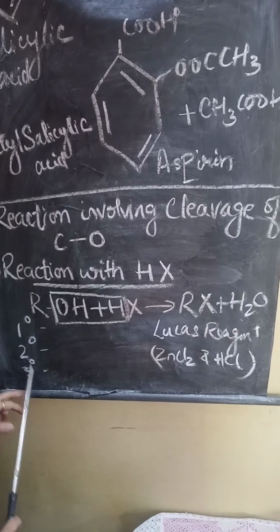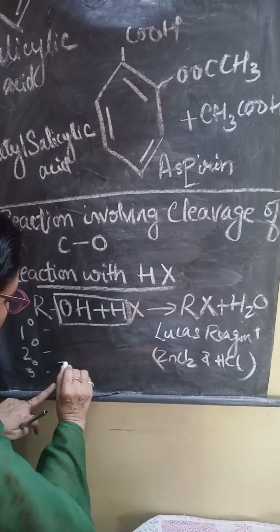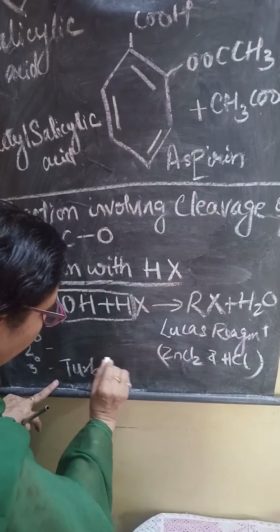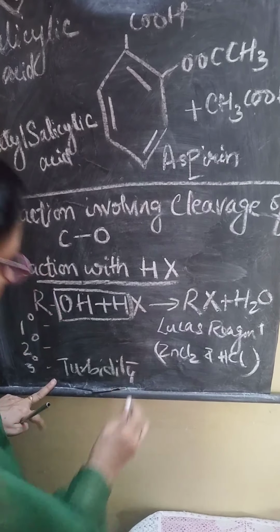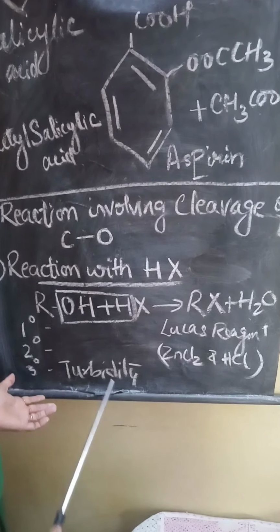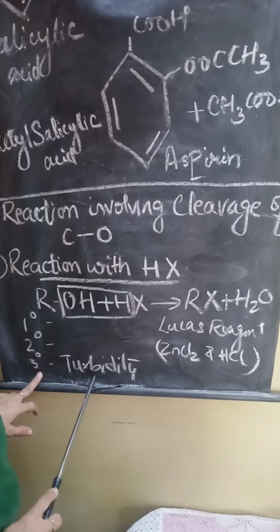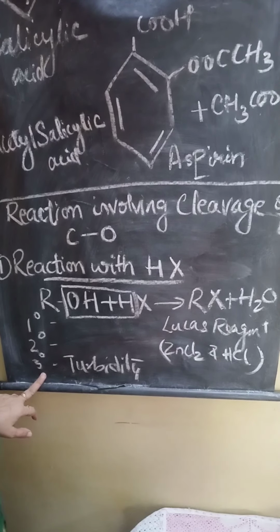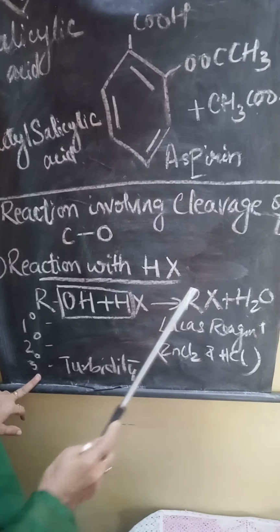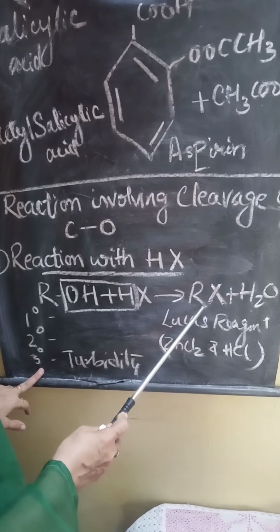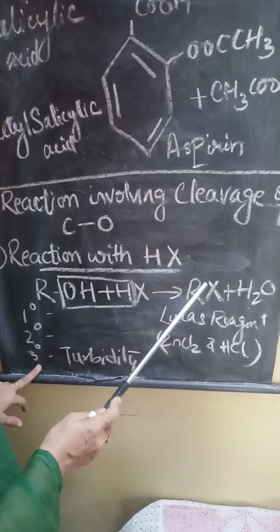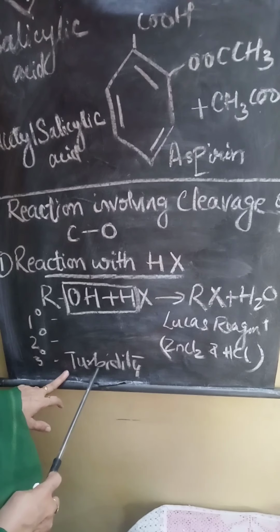When we take tertiary alcohol, you will find the turbidity. Turbidity means a dirty or milky appearance comes. Tertiary alcohol combines with acid forming tertiary halides. As soon as tertiary halide is formed, it immediately forms turbidity.